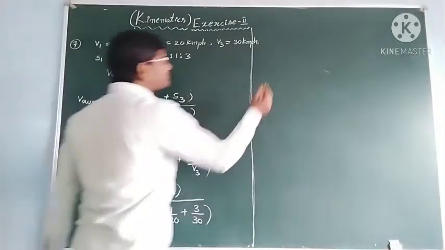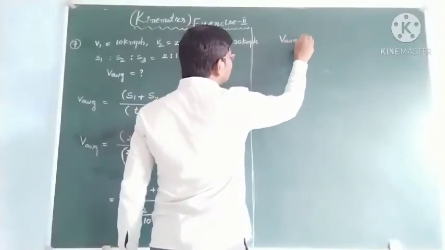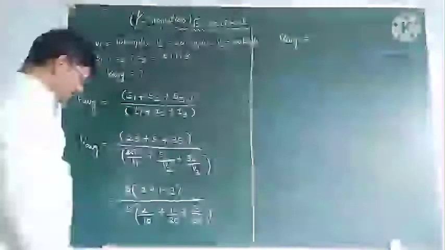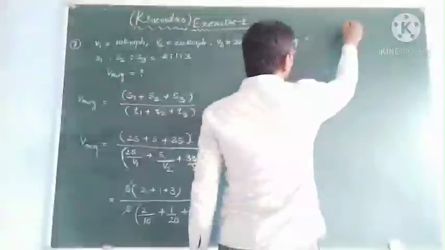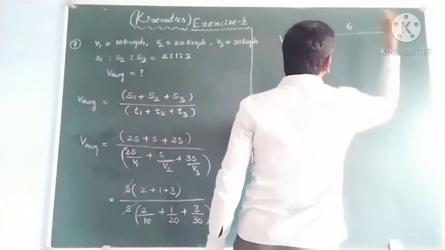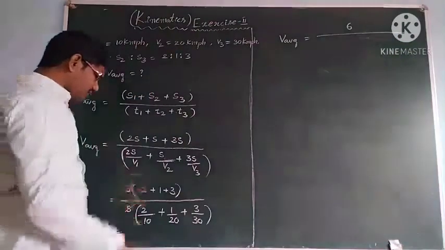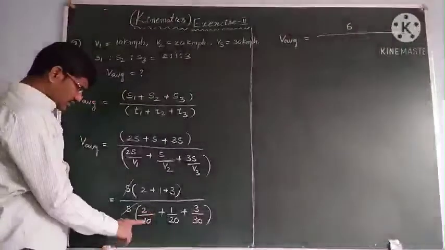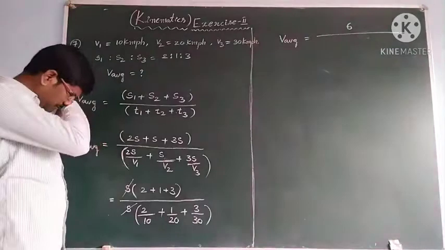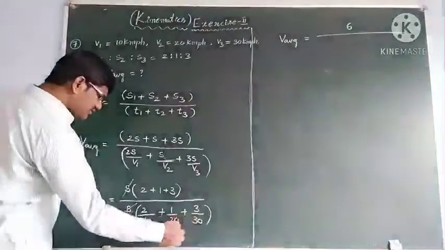So then V average is equal to, what will I get? This s and s get cancelled. 2 plus 1 plus 3 is 6, divided by 2 by 10 plus 1 by 20 plus 3 by 30.